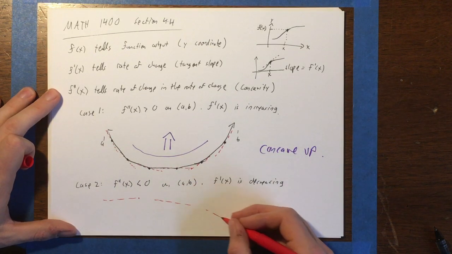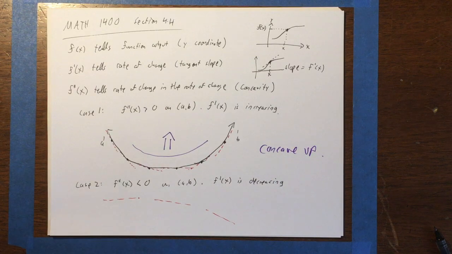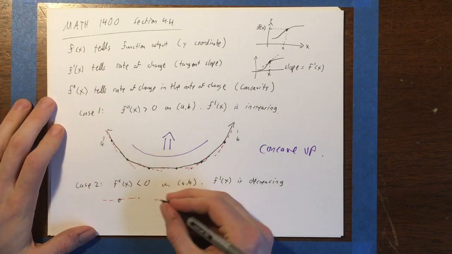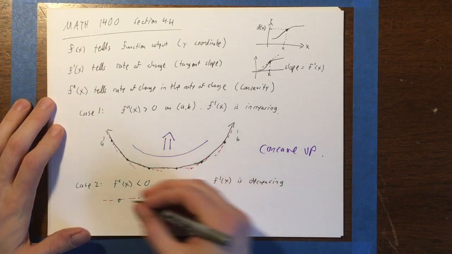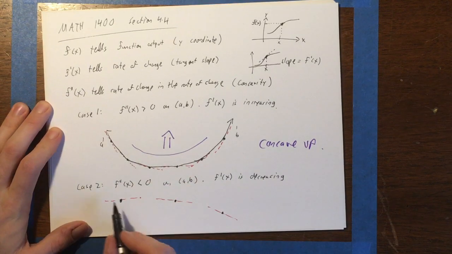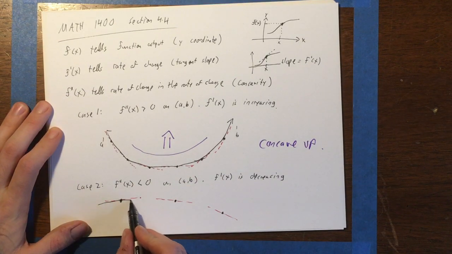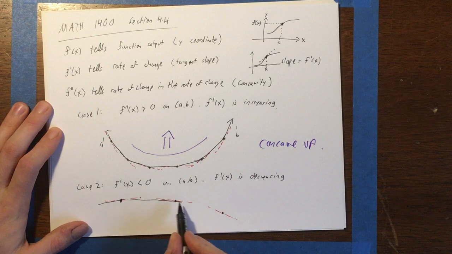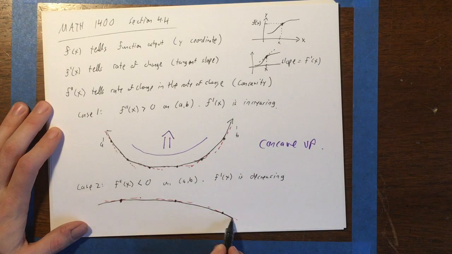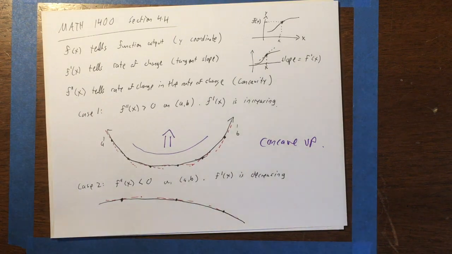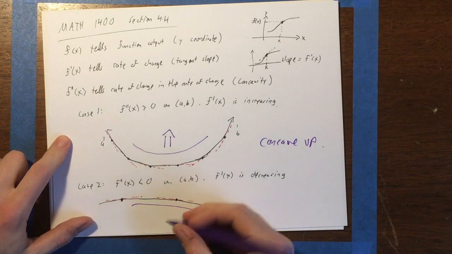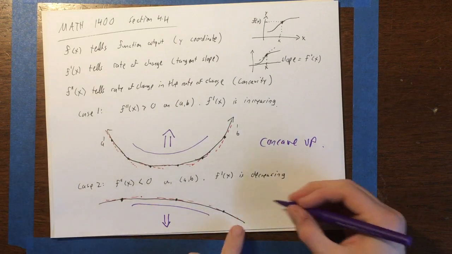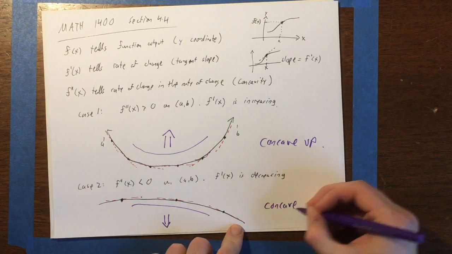They're going to get negative and more negative and more negative. These are the points of tangency, and that's going to produce a curve that is curving downward. And the concavity in this case is pointing down. So that's called concave down.